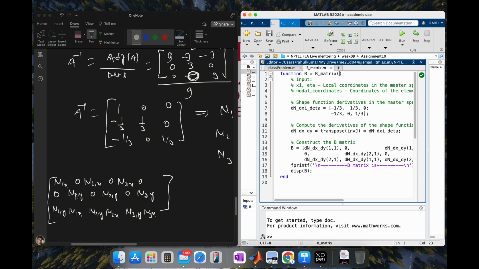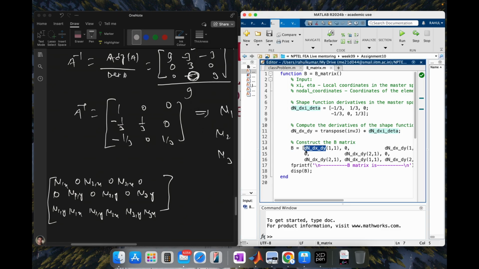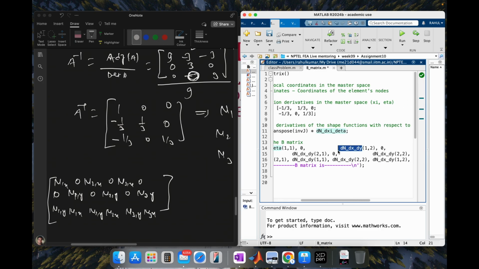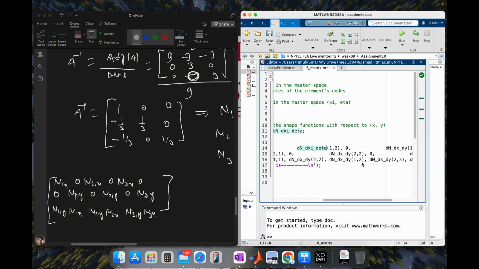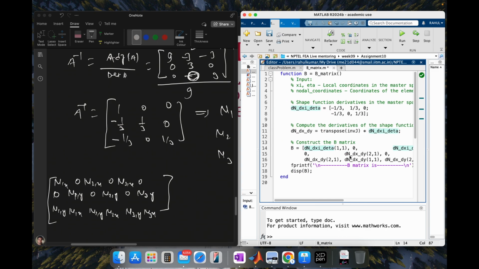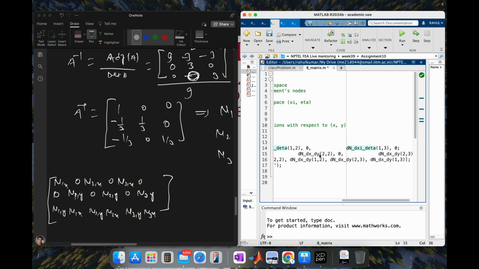So what will be the first row? First row will be this data 11 0, data 12 0, and data 13, and here it will be the same thing, we will just replace it from everywhere.